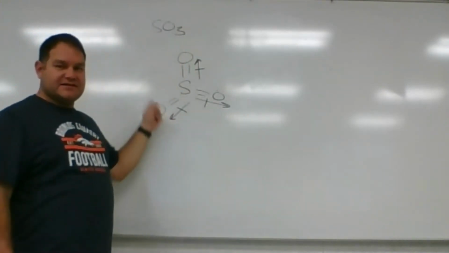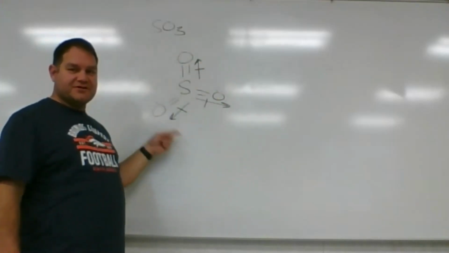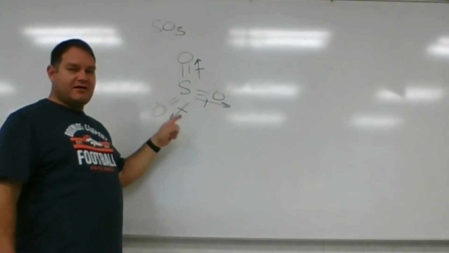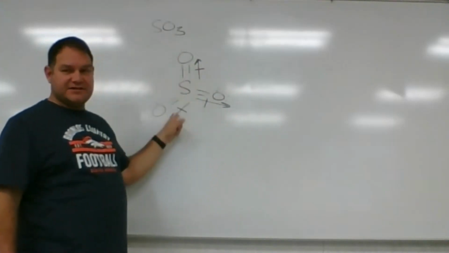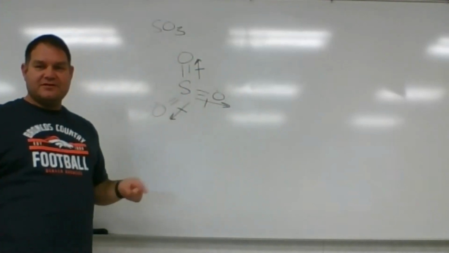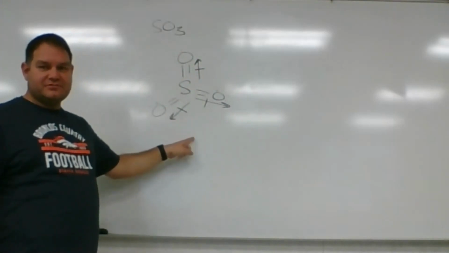In a trigonal planar structure, as long as these bonds are all pulling with the same magnitude, it's going to cancel out, and we're going to say that this is a nonpolar structure.